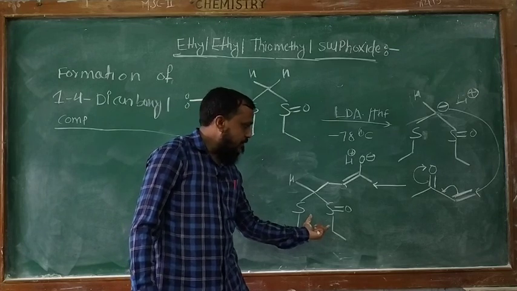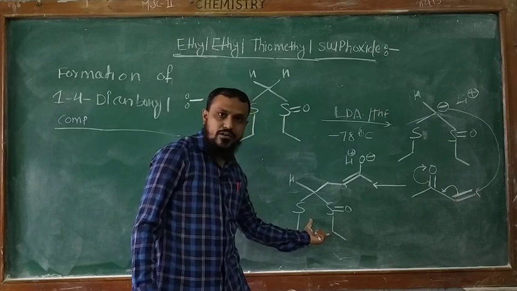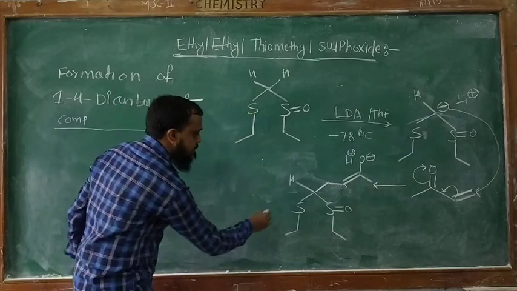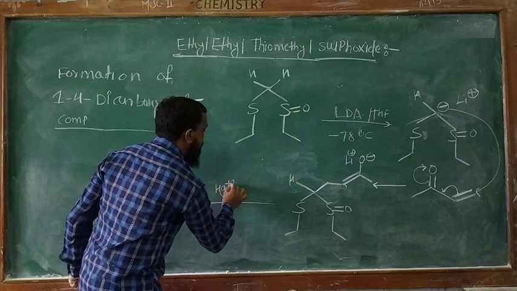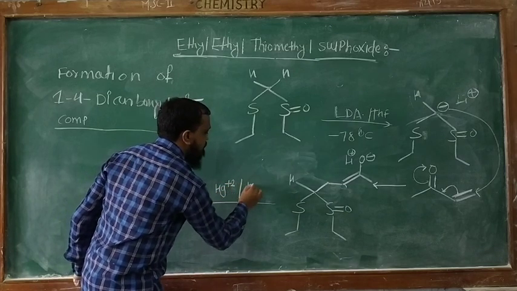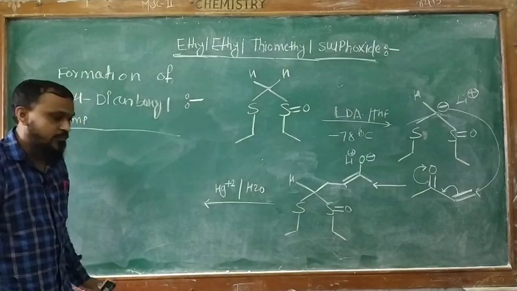Okay. After the formation of this intermediate, it undergoes amalgam hydrolysis, Hg plus 2 in presence of water, to form a 1,4 dicarbonyl compound.